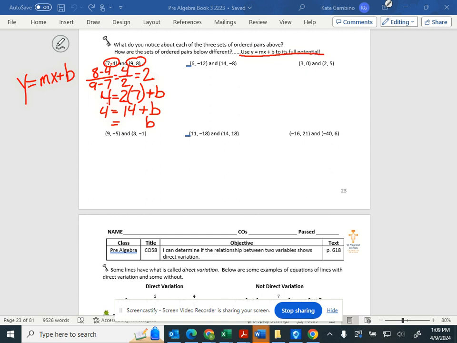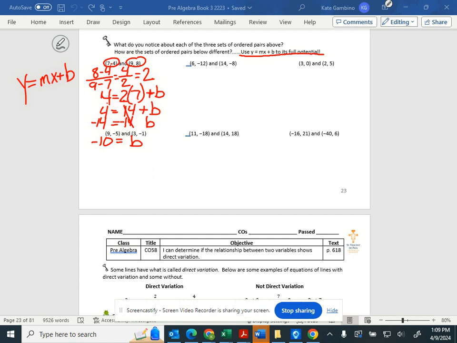Subtract 14. I'm going to subtract 14 from both sides. What is 4 minus 14? Negative 10. What is 14 minus 14? 0. And I'm going to bring my b down. So I know that b equals negative 10. I know that my y-intercept is negative 10.